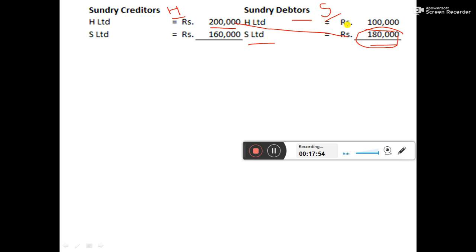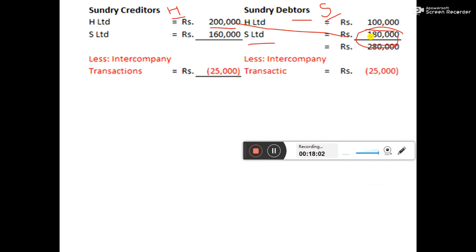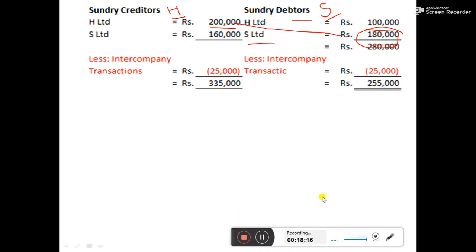We can show in this manner separately, 25,000 deducted here and 25,000 deducted here, or another way around we can directly show it deducted. The effect will be the same, and then we will get the answer of 3,35,000 sundry creditors and sundry debtors as 2,55,000. Okay, so this is called an intercompany transaction.